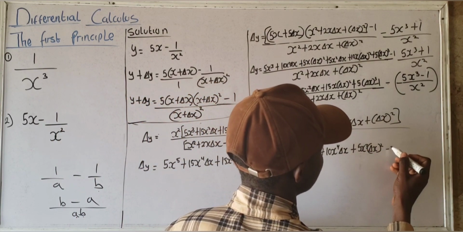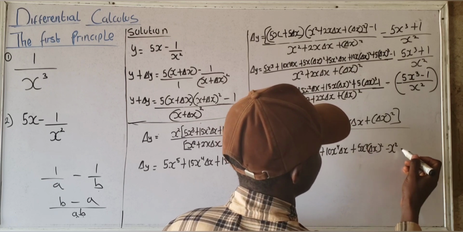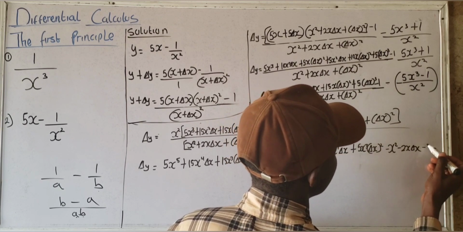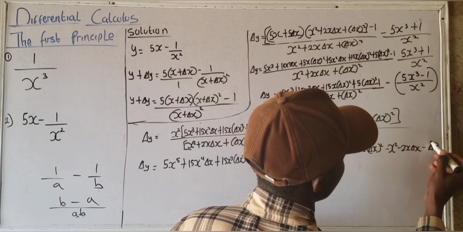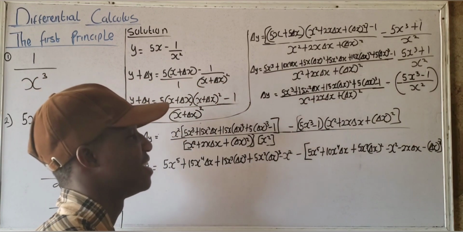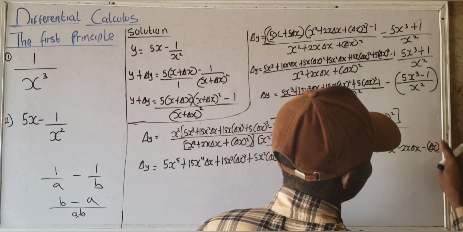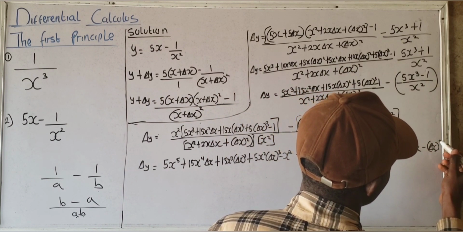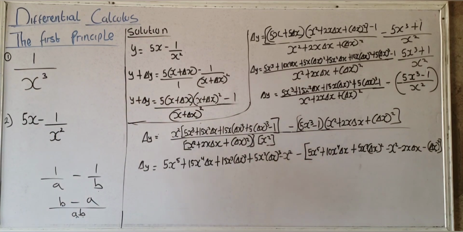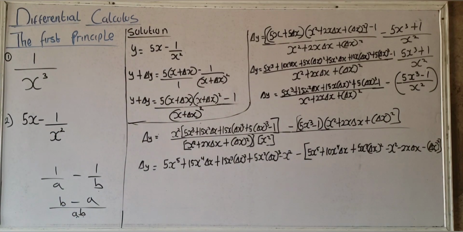I'm going to have negative x squared, negative 2x delta x, and negative delta x squared. Okay, you can see that it's a very long solution. Yes, it's a long solution. So when you are solving this in exam, kindly pay attention to your expansion. Okay, now let us proceed.